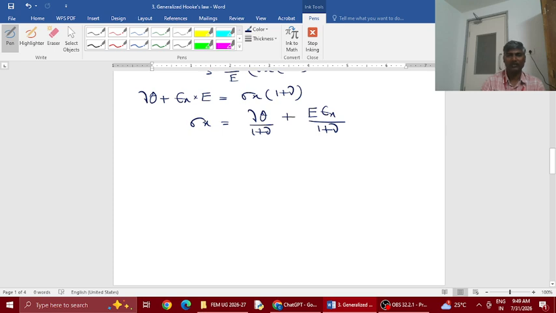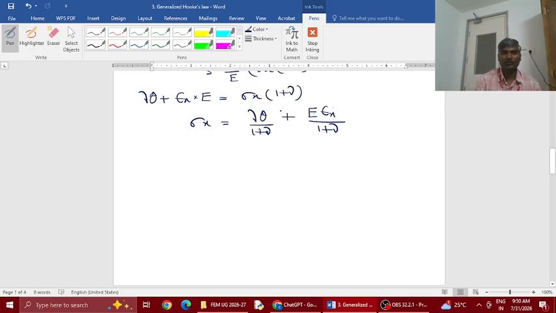So to calculate sigma x, you again have unknowns on the right hand side. Except this theta, all are known values: Poisson's ratio and Young's modulus are material properties, and strain in x can be obtained from the strain displacement relation. Again, displacements are from the finite element method, which we get.